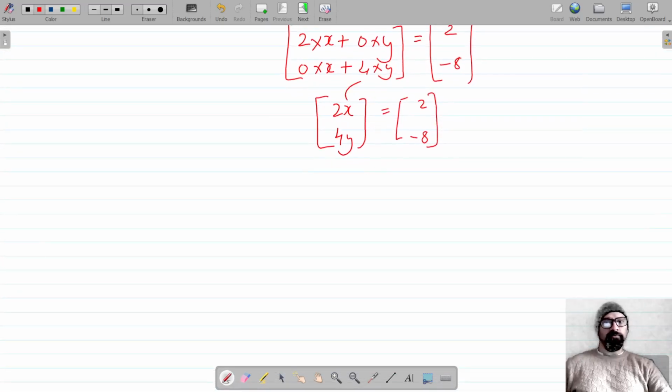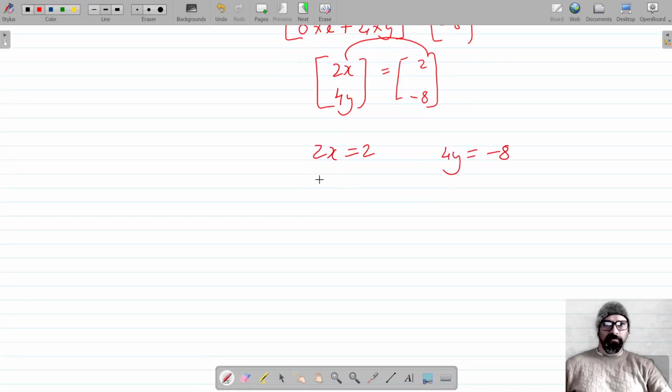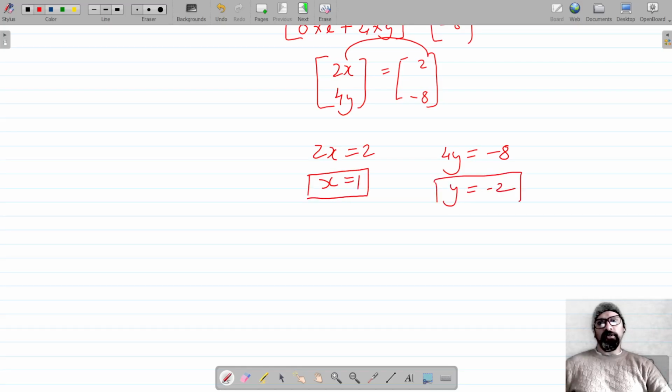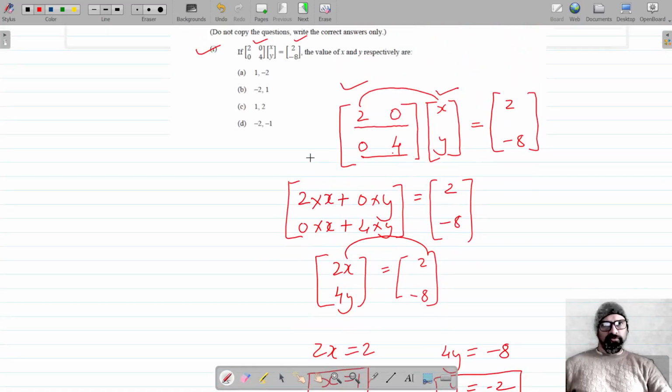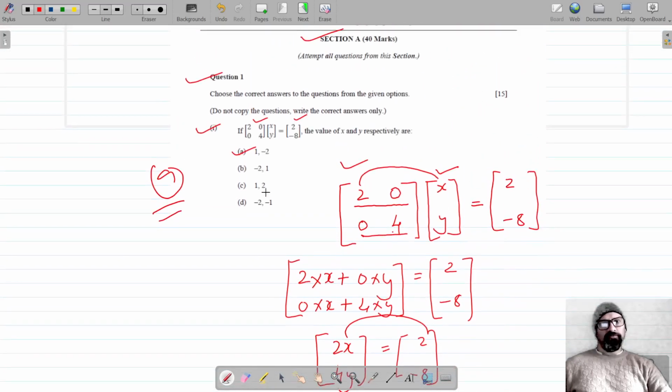So that means their corresponding elements are equal. So 2x is equal to 2 and 4y is equal to negative 8, which gives me x is equal to 1 and y is equal to negative 2. So our answer should be 1 and -2. So A is the correct answer for this one.